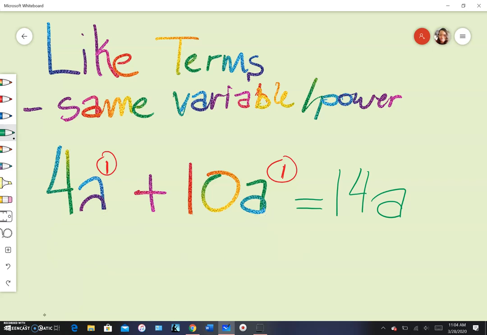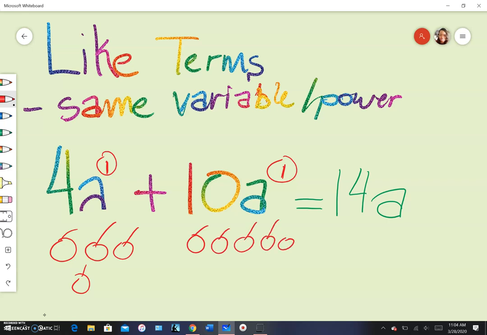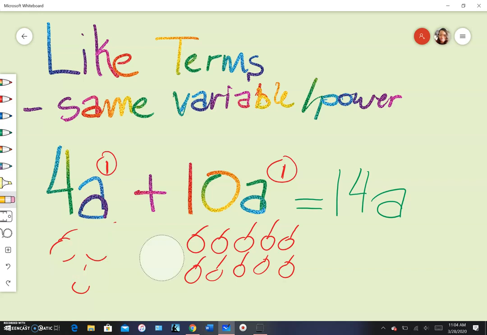Another way to think about it though, if these a's did represent apples, then I have 4 over here and 10 over here. When I add all of those apples together, I do in fact get 14 apples. So as long as that variable is the same and they are to the same power, we're just working with our coefficients.